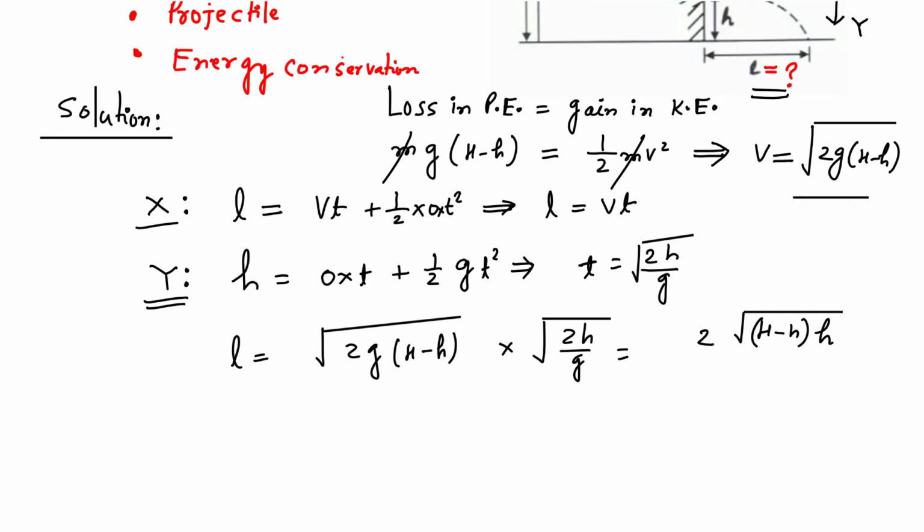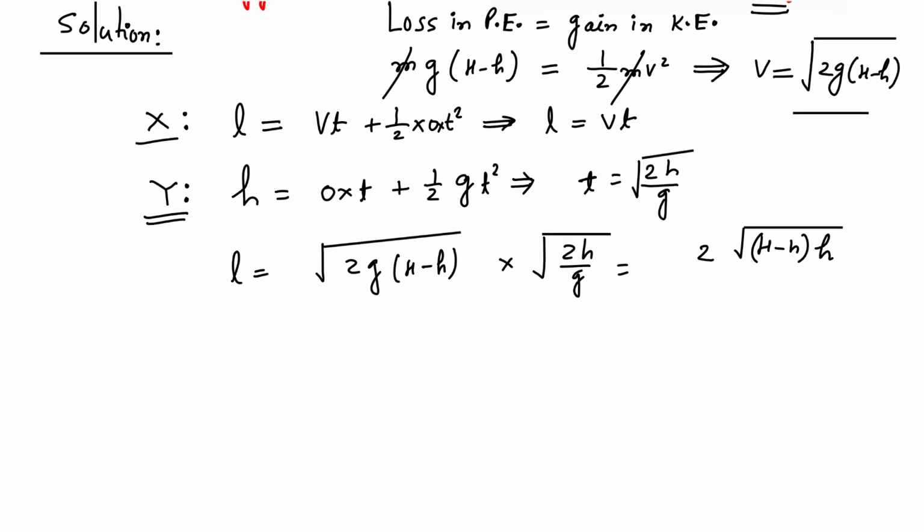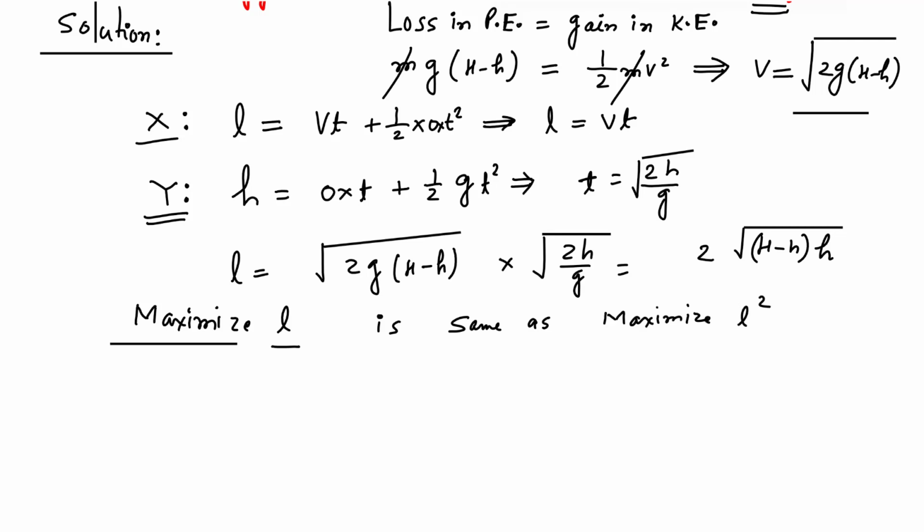So we have to maximize this L. Maximizing L is the same as maximizing L square. Why am I doing this? Because I will have less calculation.